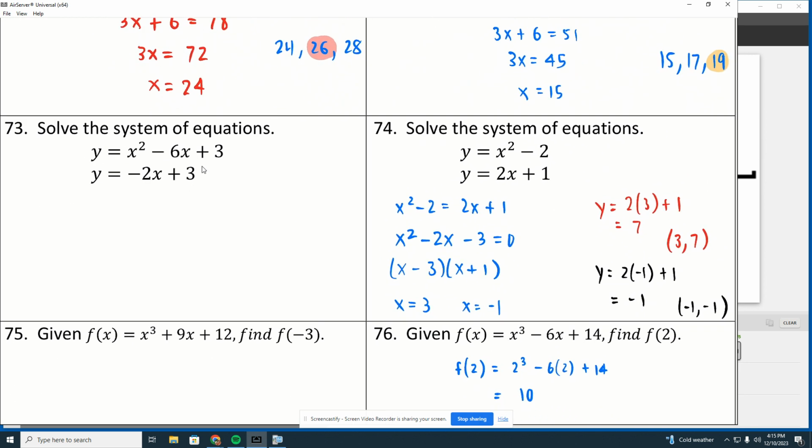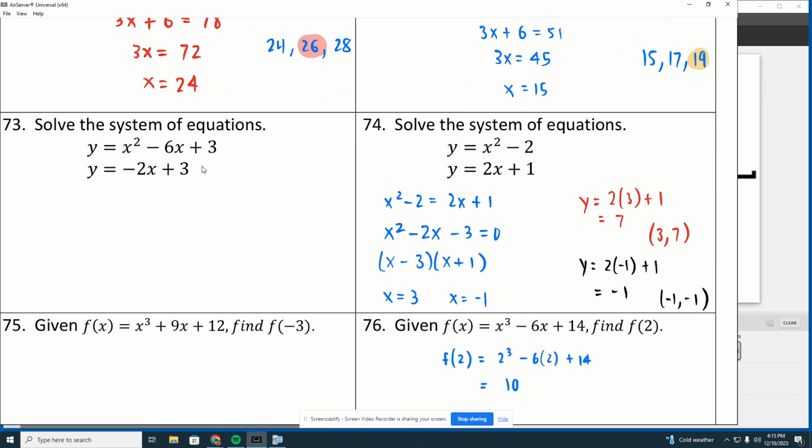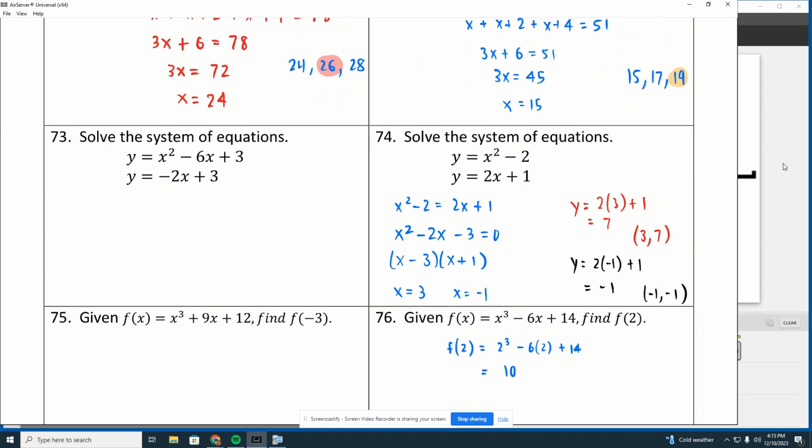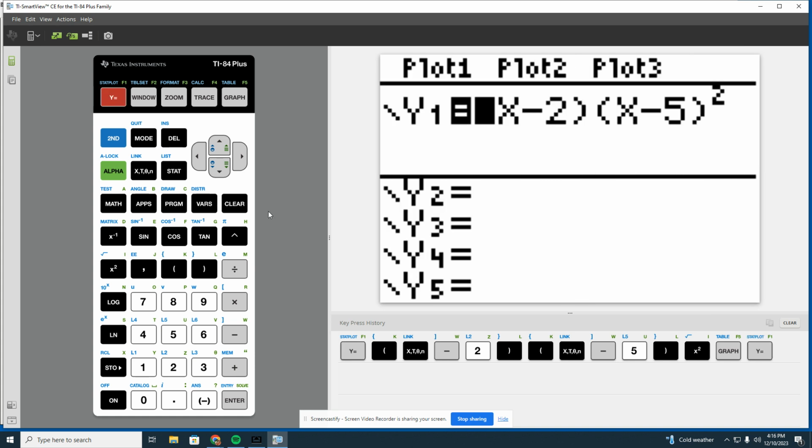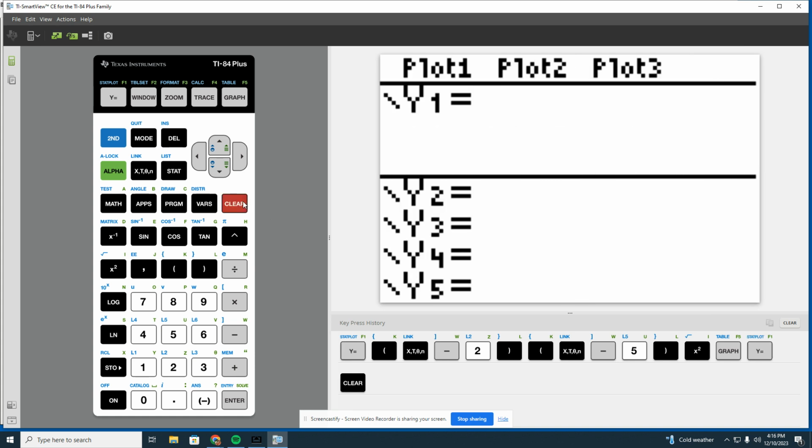This one, as you can see, the work done on the right, I want to show you a different way to do this one too. That way you have one where you can see the work, and then you have one where you can see the other way. I can go to my graphing calculator and type these in and find where they cross. So I'm going to check it this way.